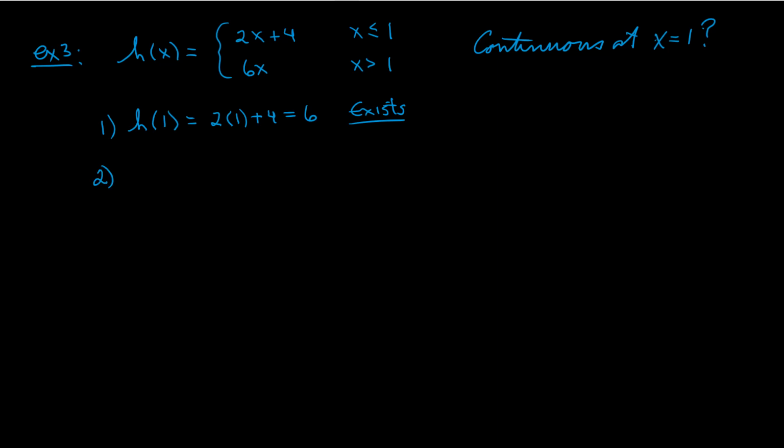Second thing, we need to evaluate the limit as x approaches 1 of h of x. Recall, to demonstrate that the limit exists, we need to deal with the left-hand limit. So we need the limit as x approaches 1 from the left-hand side of h of x.